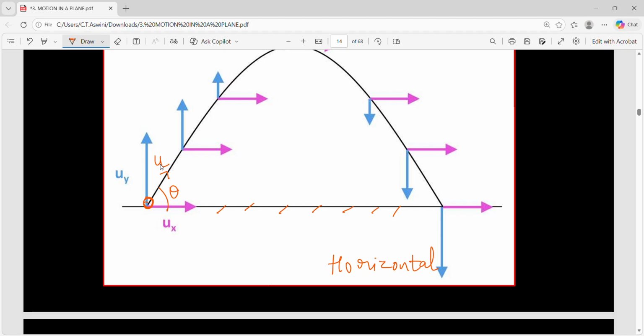Now what is x component of initial velocity? It is ux. This is adjacent to theta, right? So we'll take it as u cos theta. Any vector adjacent component is taken as vector cos theta, and this is perpendicular component, so we'll take it as vector sin theta. So x component is u cos theta, y component is u sin theta.